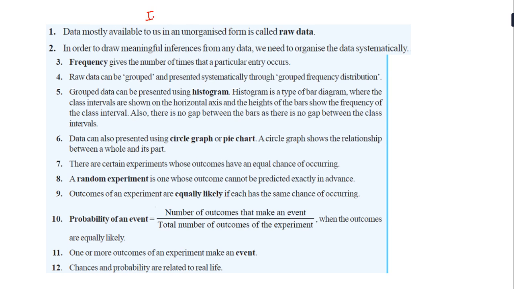Now important points related to the chapter. First, these are all the definitions. Data mostly available to us in unorganized form is called raw data.